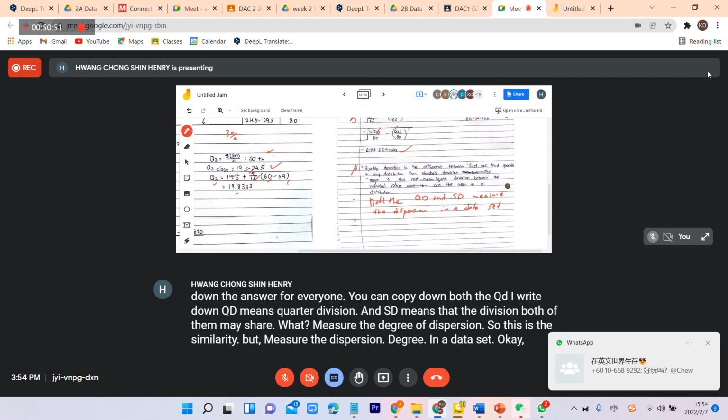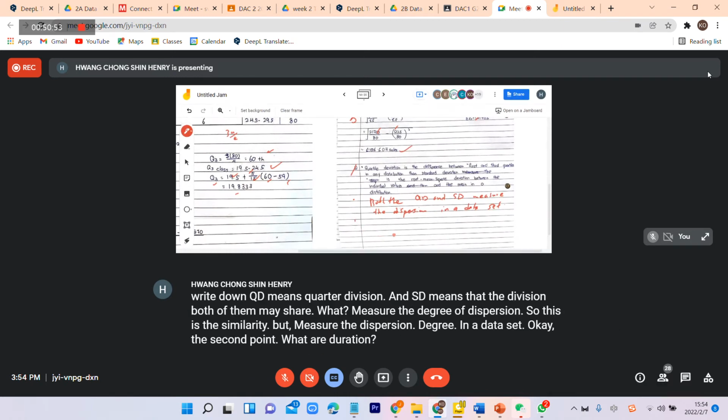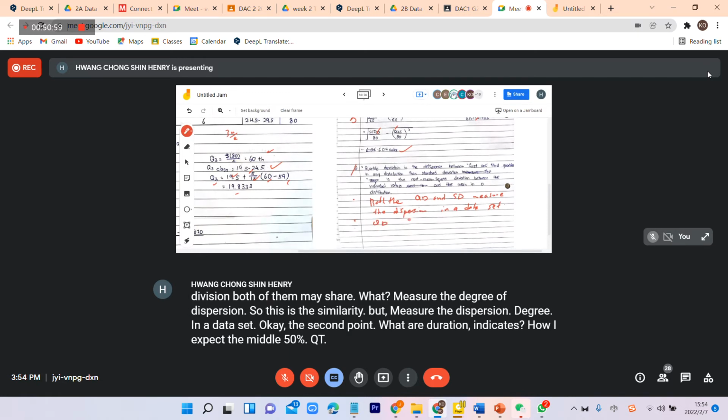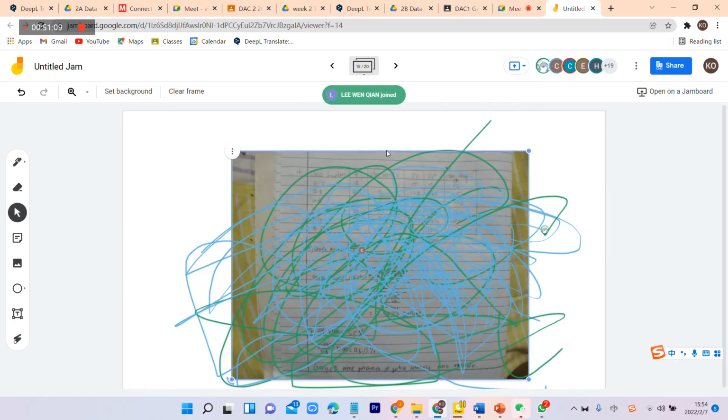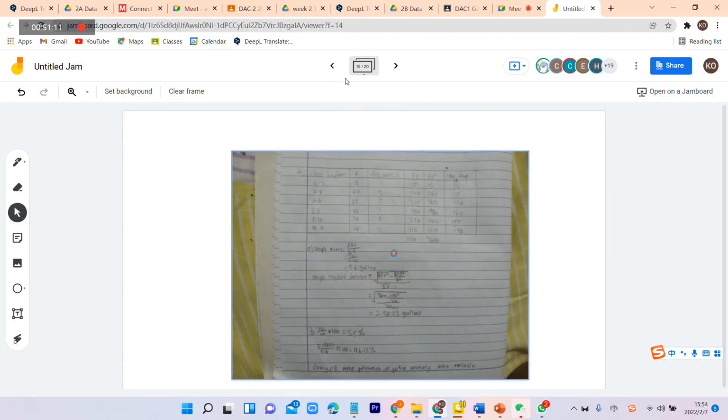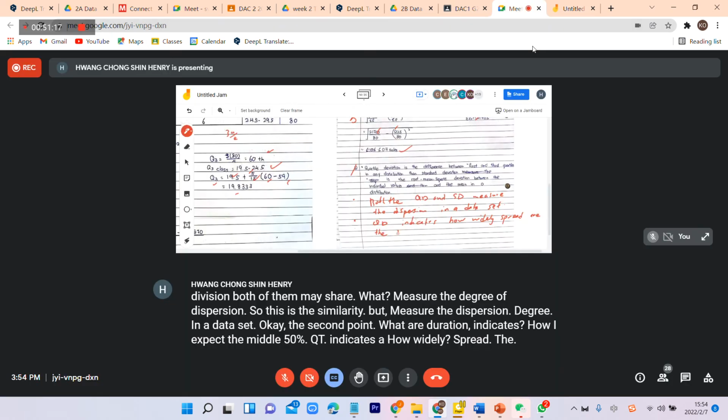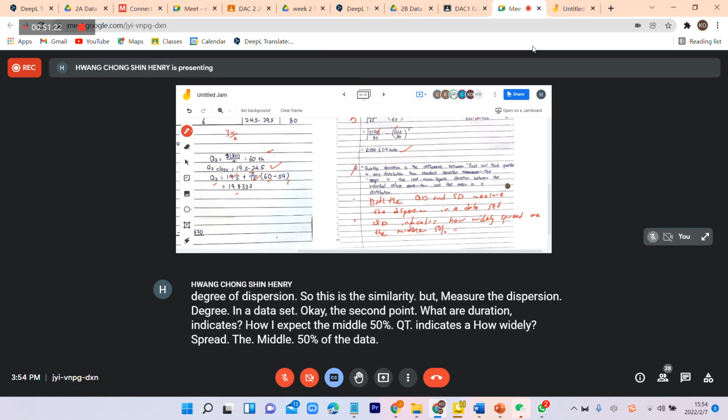The second point: quartile deviation, QD, indicates how widely spread the middle 50% of the data are.